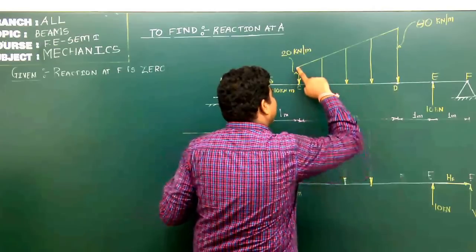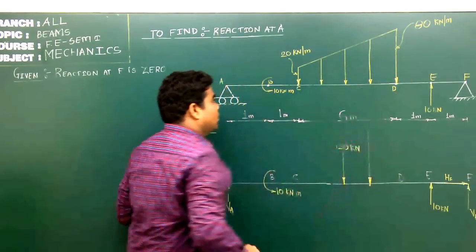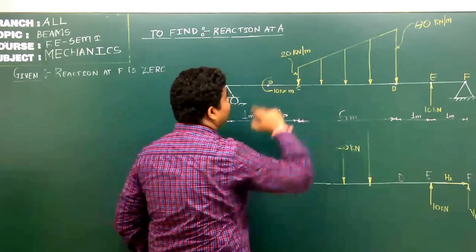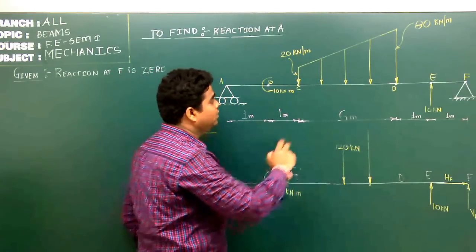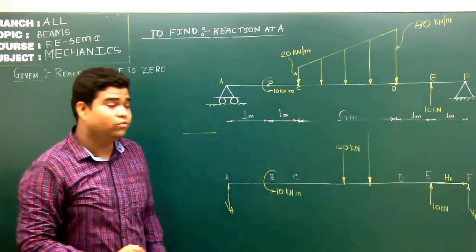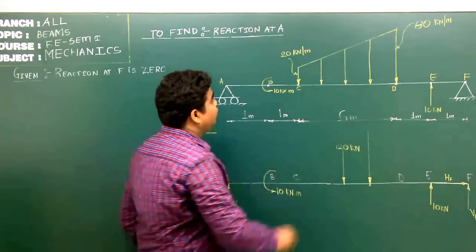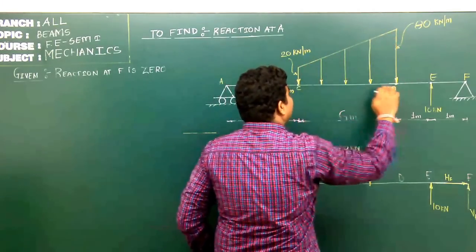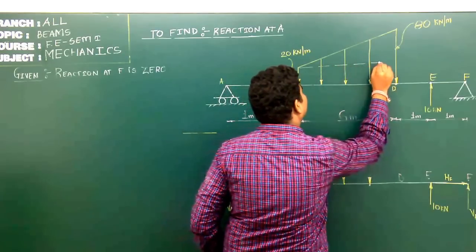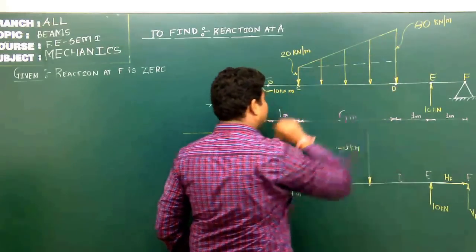C to D, there is a trapezoidal type of loading, where at point C the intensity of load is 20 kN per meter and at point D it is 80 kN per meter. For the free body diagram, we have to split this load into two parts, one rectangular and another triangular.